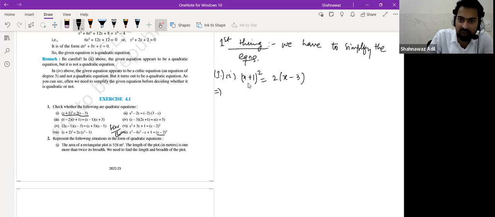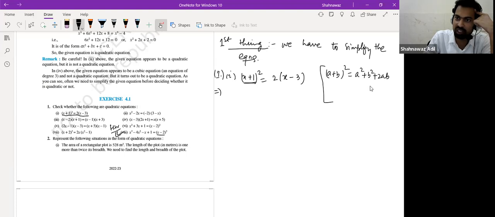So the first question is this, Hamad, right? So we have to simplify this. So this is (x plus 1) whole square, and (a plus b) whole square is what, Hamad? Identity. Yes, so that identity is what? (a plus b) whole square is equal to a square plus b square plus 2ab, right?